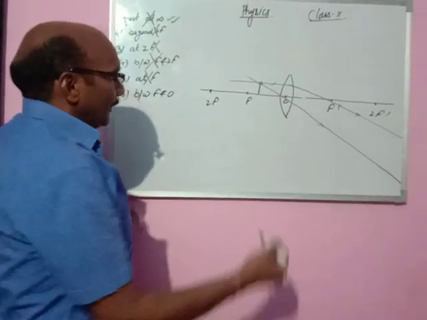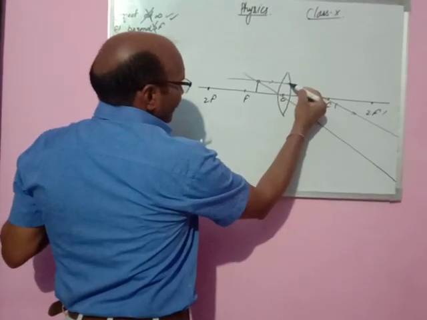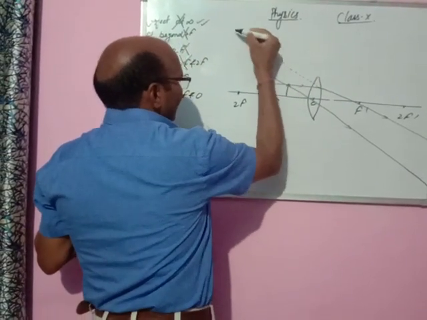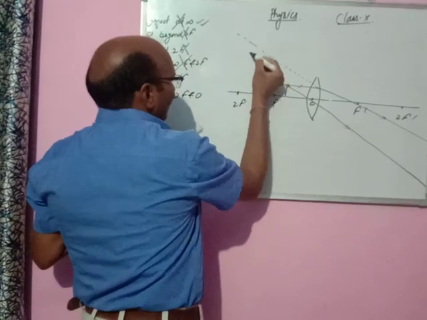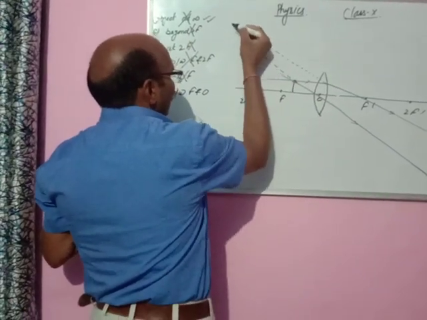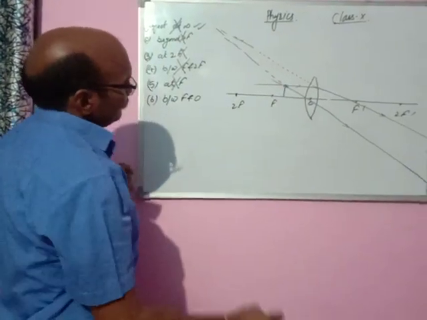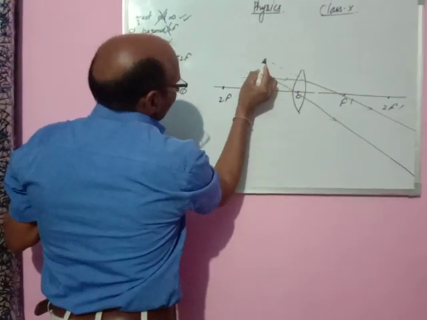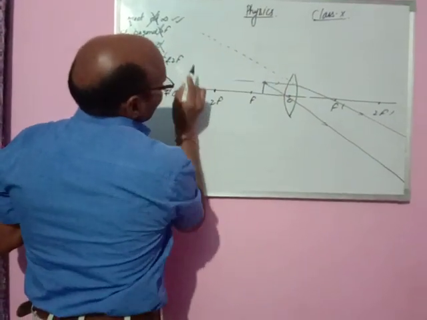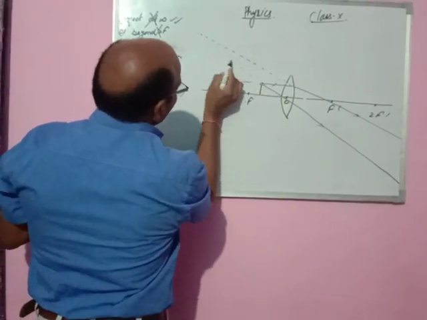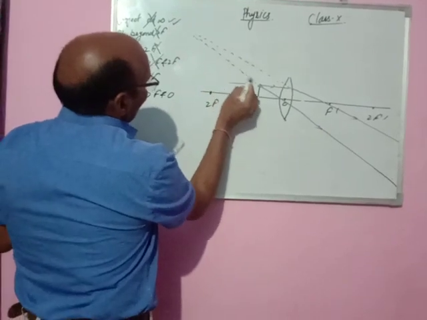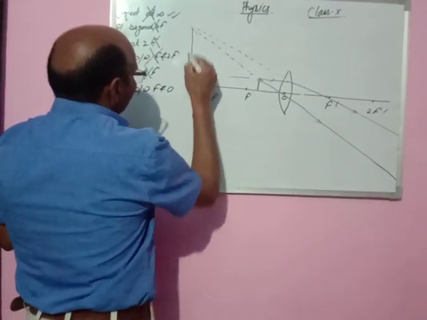But when we extend these two light rays in backward direction, these two light rays will intersect each other. So, image will be formed here.